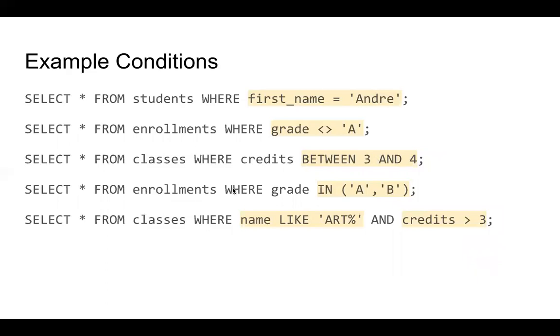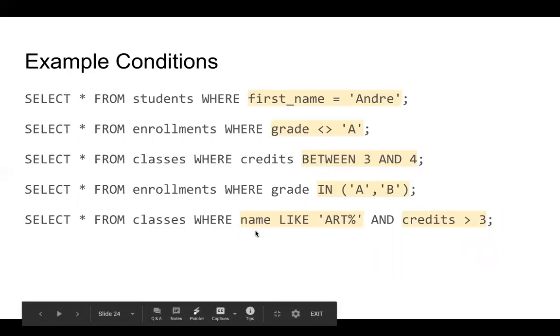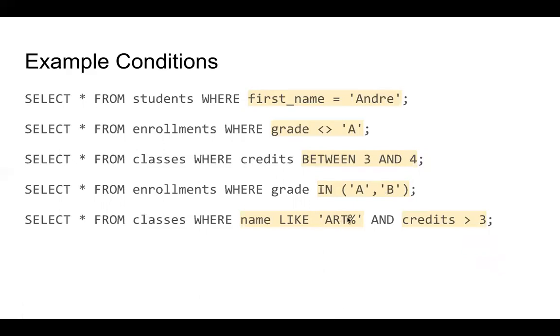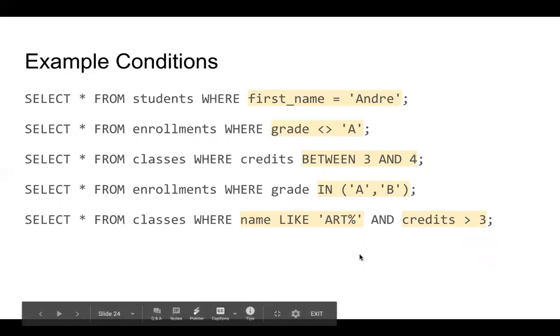You can select all from enrollments where the grade is in A or B. And then you can get a little more fancy and say select all from classes where the name is like art, so where art is in it somewhere, and the credits are greater than 3. So the AND operator lets you add extra conditions.